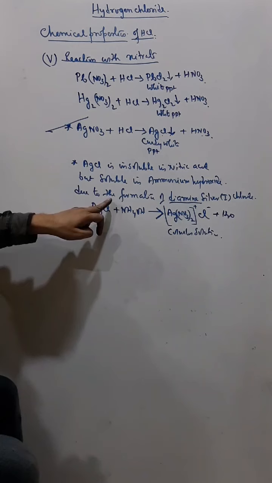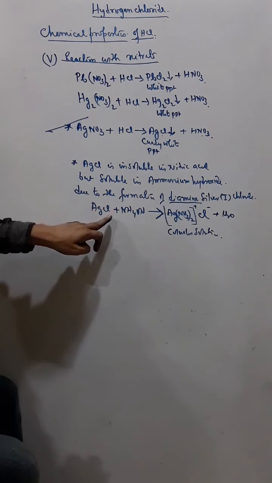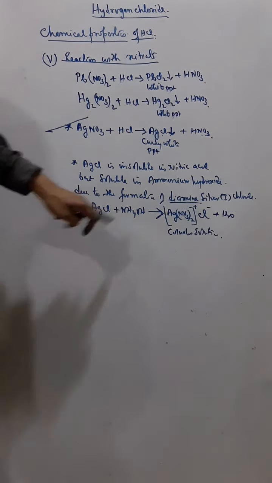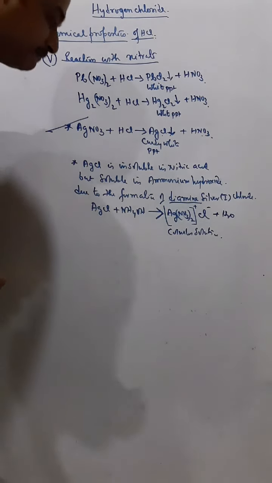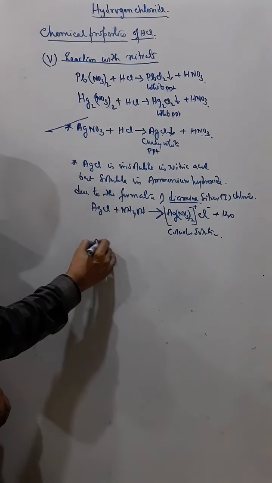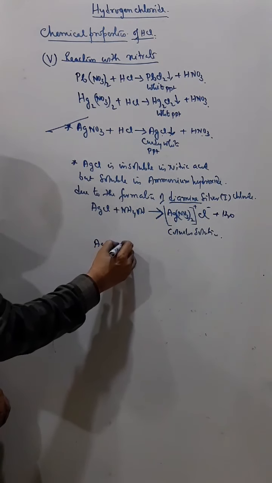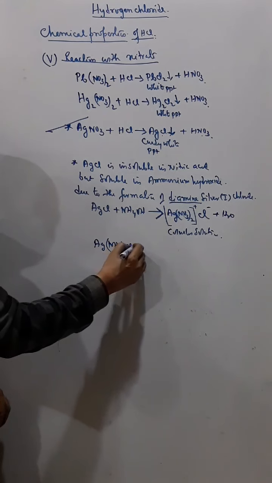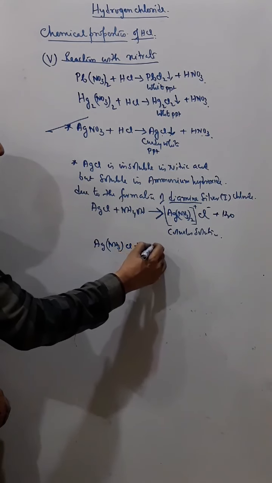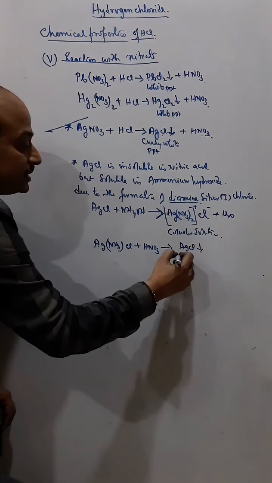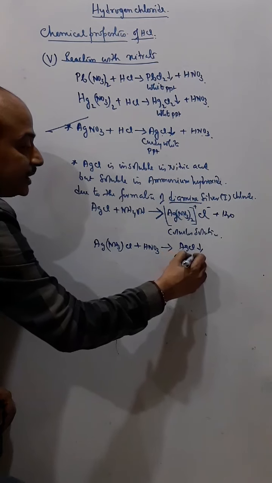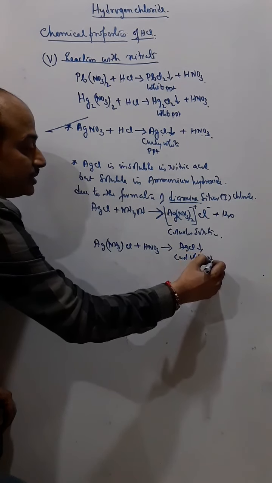So it reacts with ammonium hydroxide solution to form this diamine silver 1 chloride, Ag(NH3)2Cl, and again if it reacts with nitric acid, we get AgCl as a precipitate, again curdy white PPT is formed.